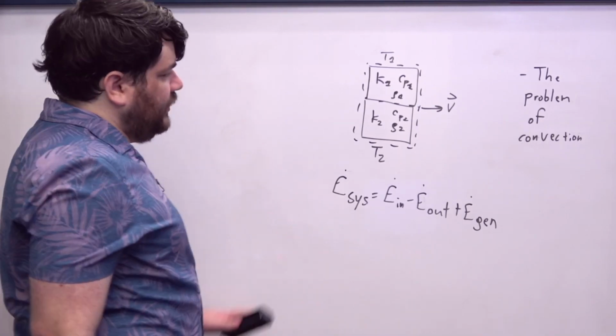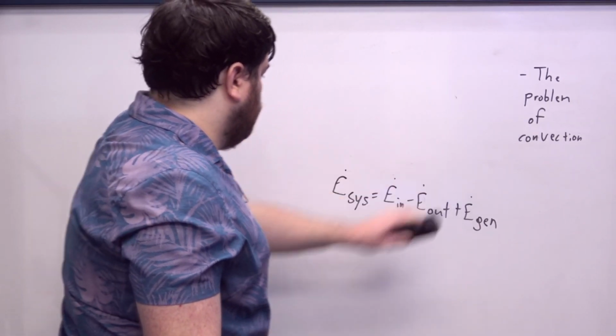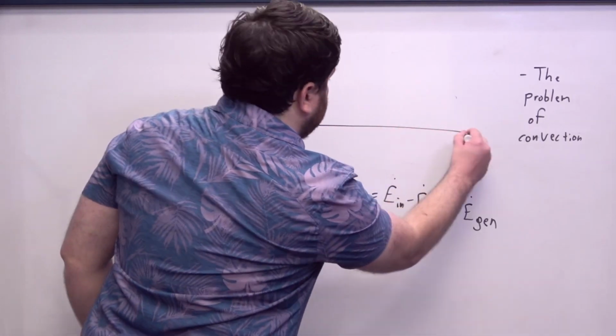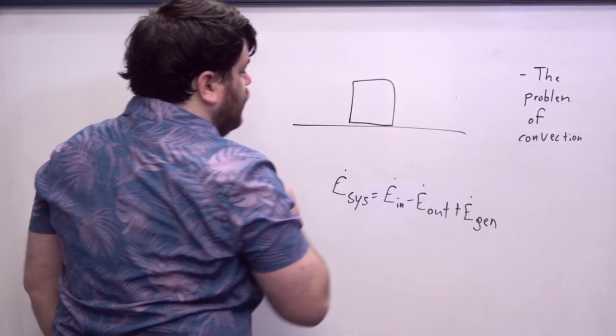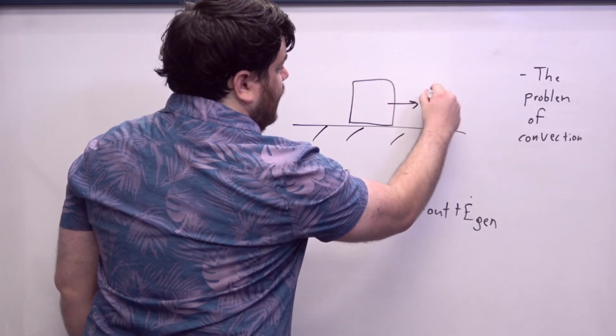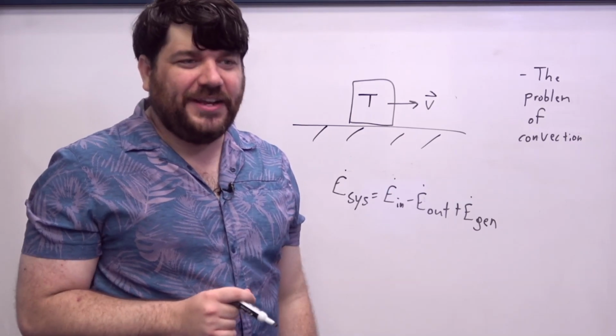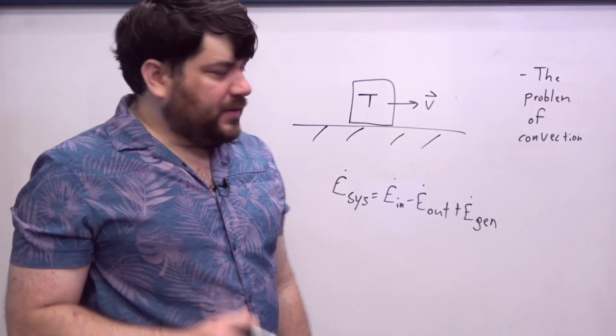But what if instead we generated an experiment where we had a block that was sliding on the ground with some velocity v and some initial temperature T, and all of the material properties that you would need, right?